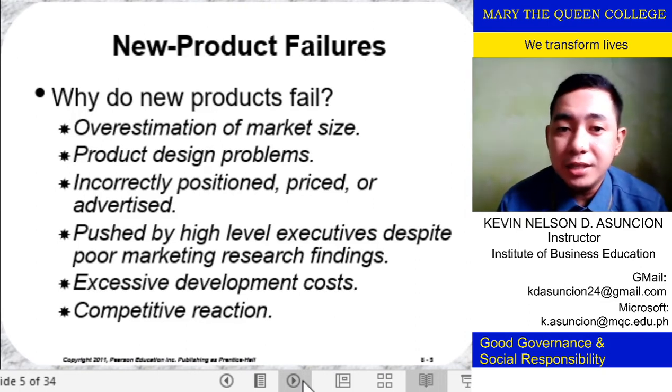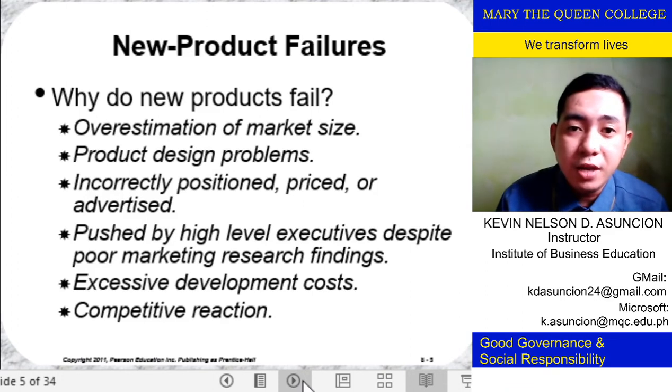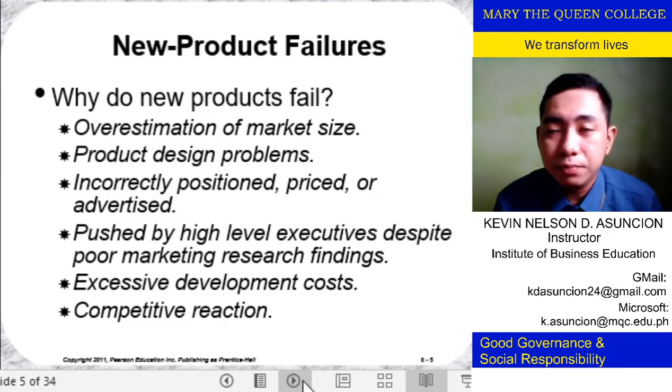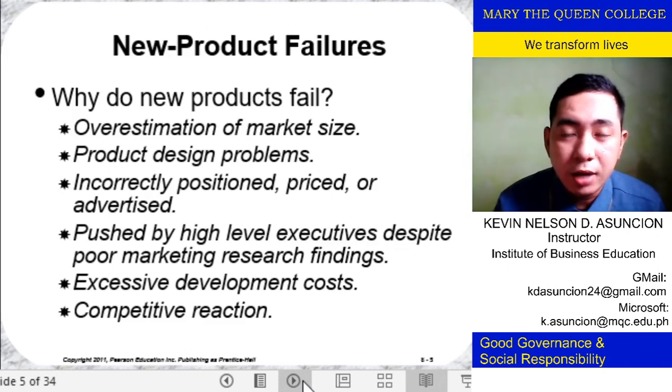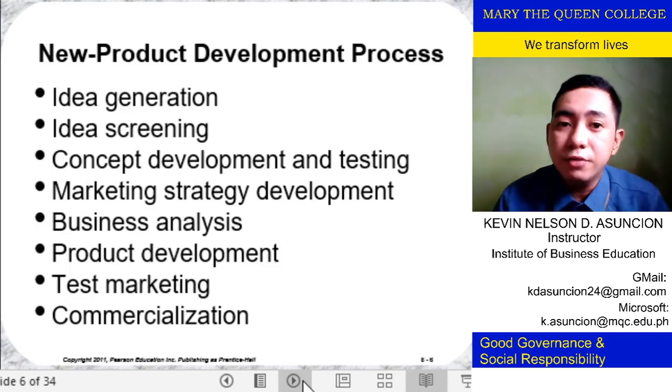And lastly is competitive reaction, wherein this is an external side of the failure, wherein we are getting outsmarted or out-marketed, out-strategized by our competition. So those are the reasons for the failure.